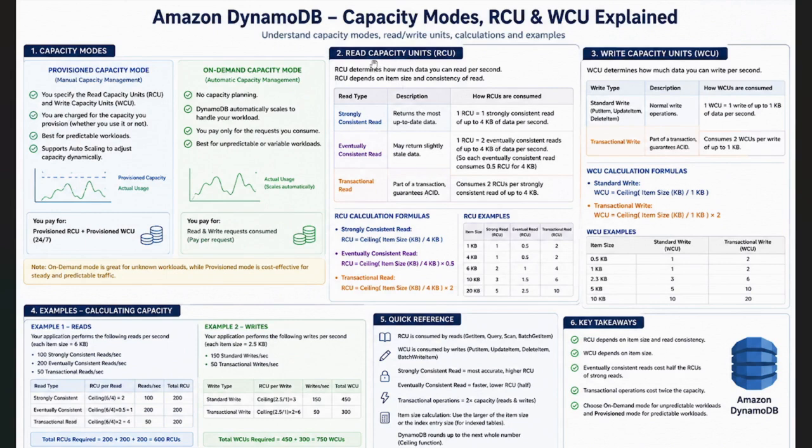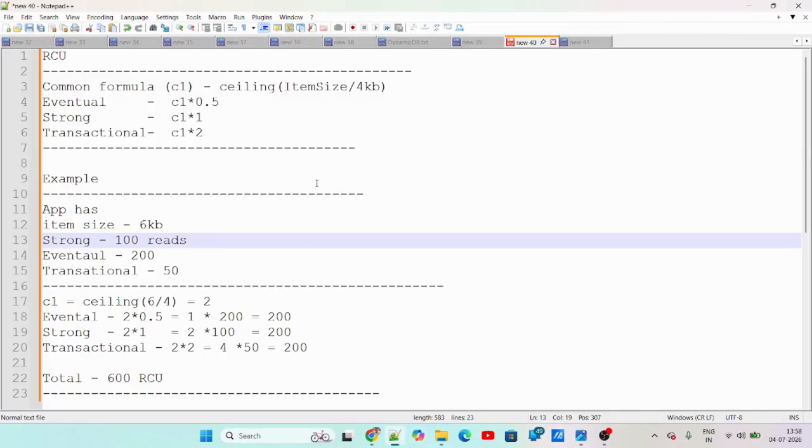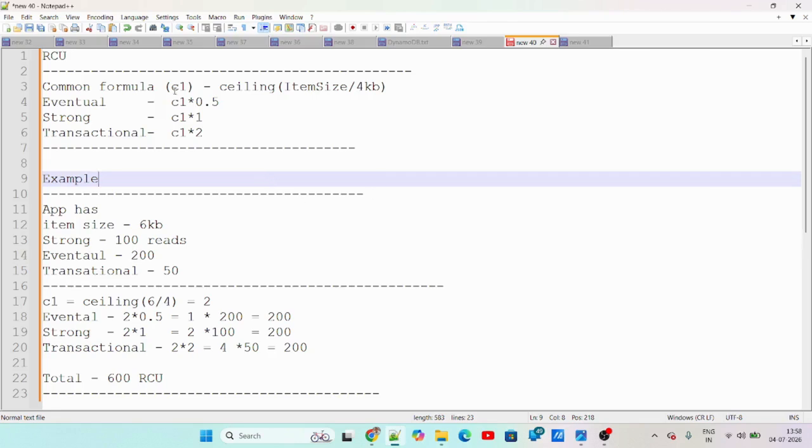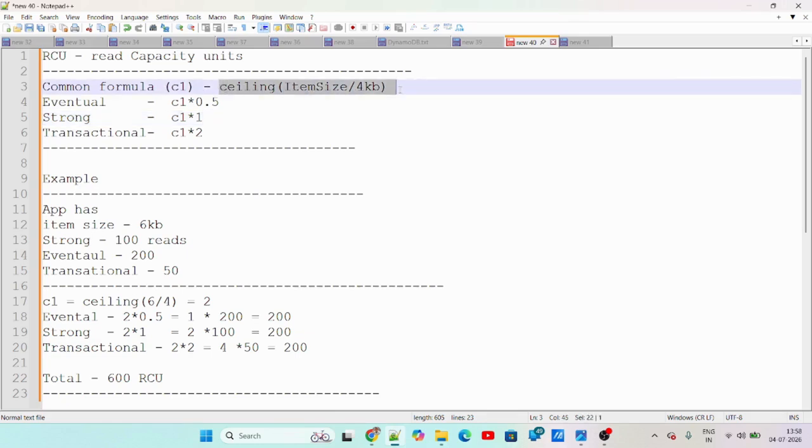So let's understand the calculation of RCU with an example. This is the formula for calculating the read capacity units in DynamoDB. You can break it up in this way. There is a common formula where you take the item size of your application and divide it by 4 KB.